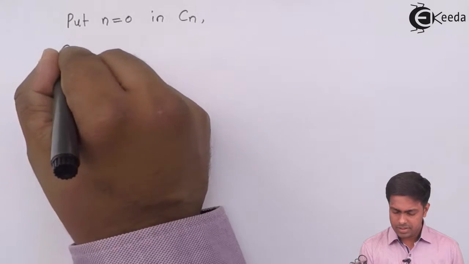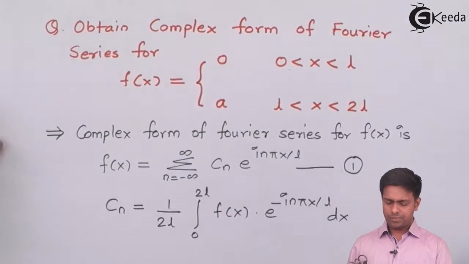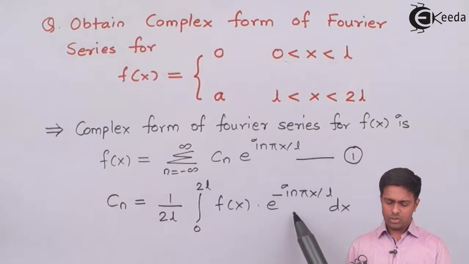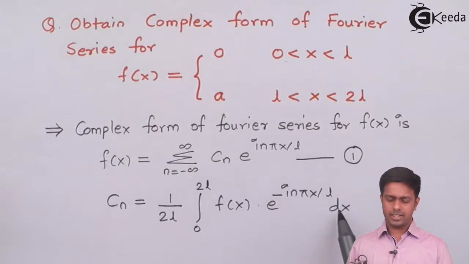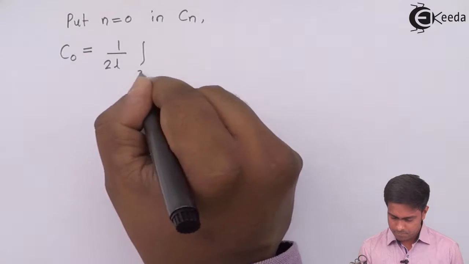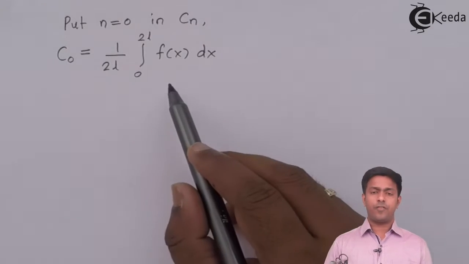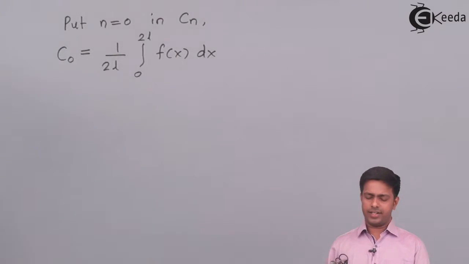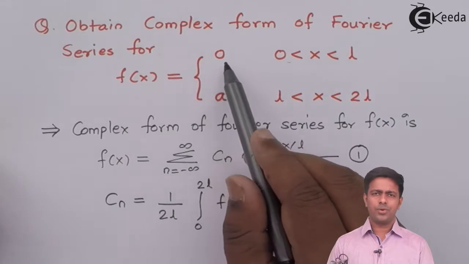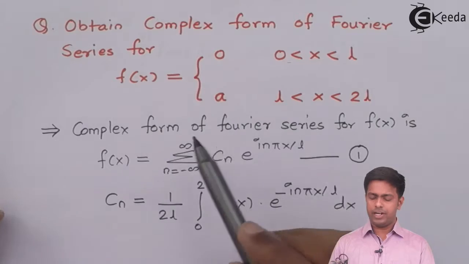So that will become C0 equal to, here we have n only in one term, so e to the power 0 is 1. So guys, here we will just get f of x dx, and the remaining terms are as they are. Now guys, the value of f of x in 0 to 2l, here it is given. So two values are there. The first value we will not take because it's 0. So I'll be directly taking the second value, which is valid for L to 2l.